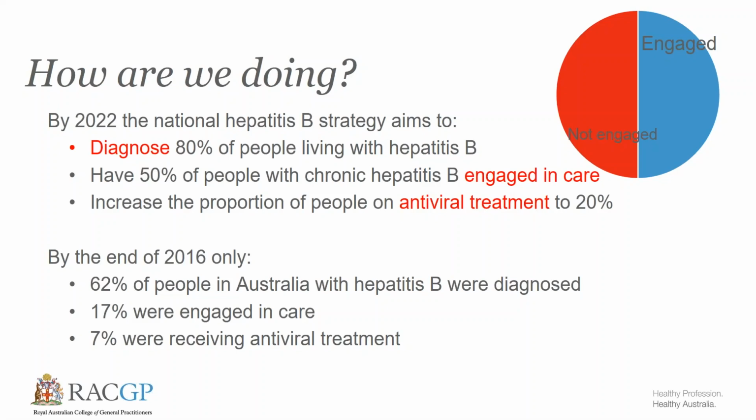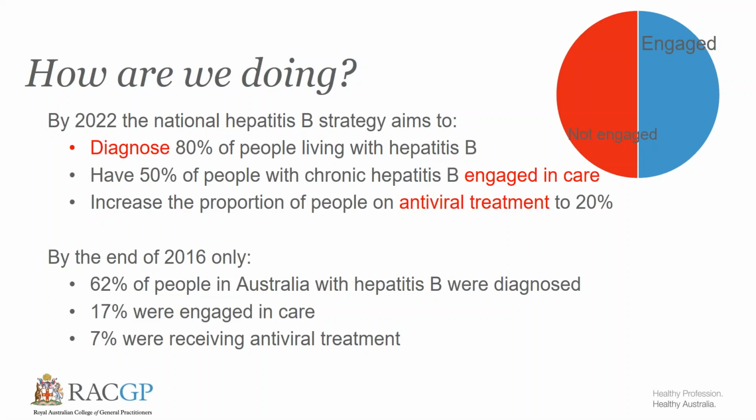There are obviously some caveats. In an ideal world, we would diagnose 100% of people, but that's probably not possible. We would like to have everyone with hepatitis B engaged in care, and that's desirable, but the current target for Australia by 2022 is to have half the people engaged in care.